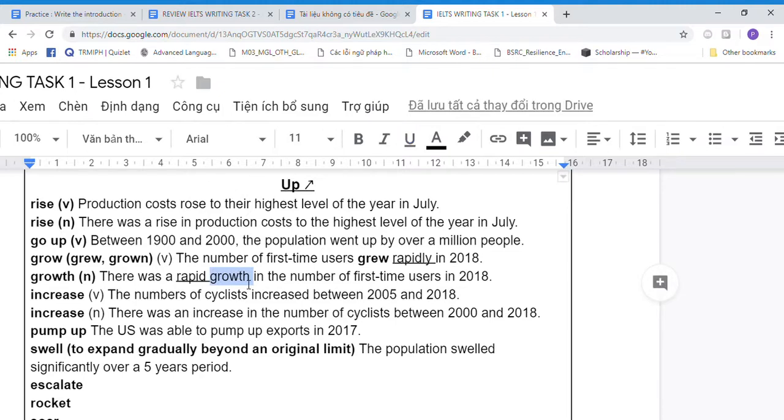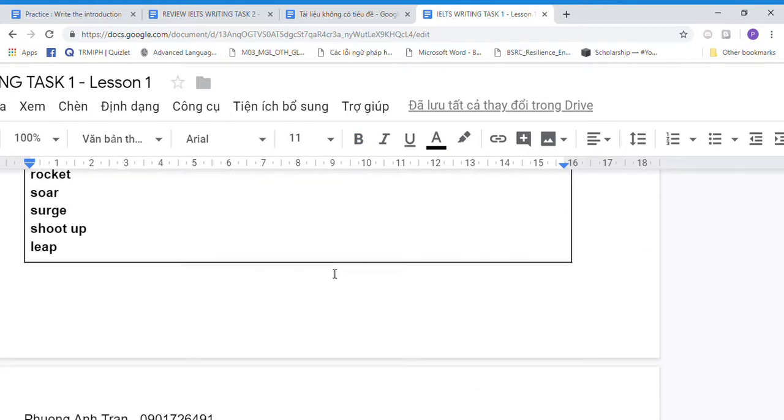The word growth is a noun. So grew can be changed to growth, and rapidly can be changed to rapid. It is an easy case.